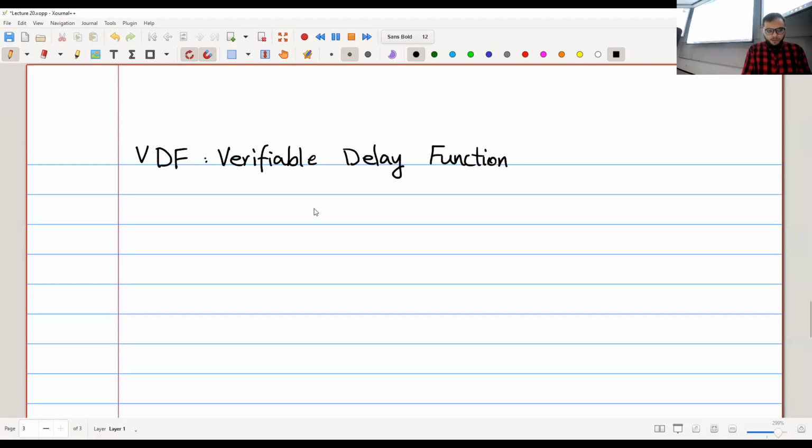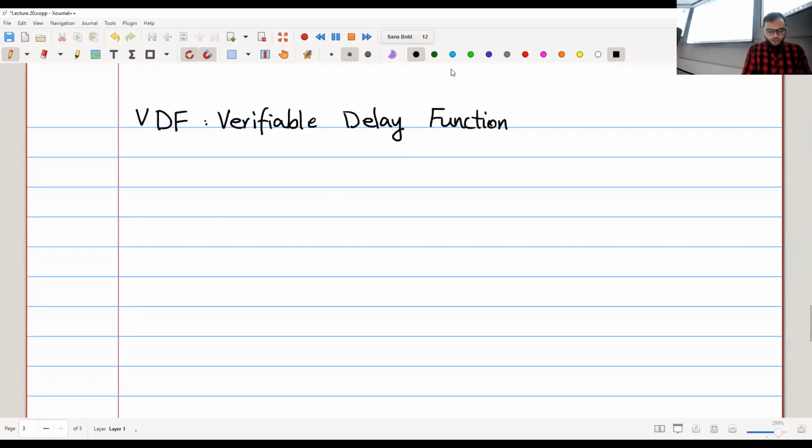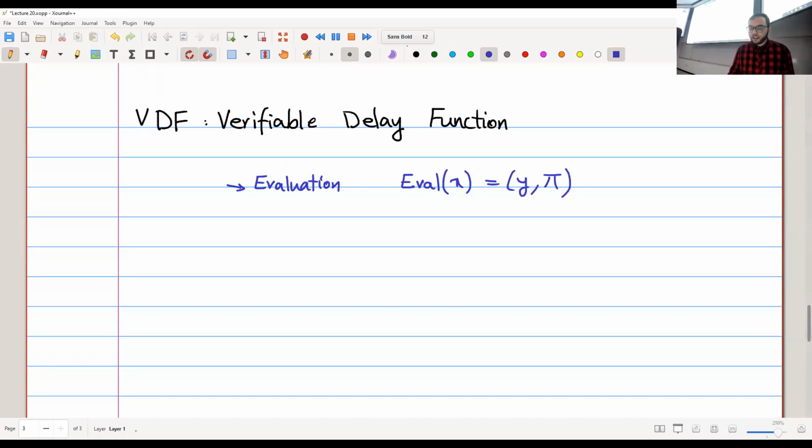So a verifiable delay function is going to have two parts. This is like the formal definition. It has an evaluation function, basically. The way it works is that you give it some string x, and it outputs two things: a string y and another string p.